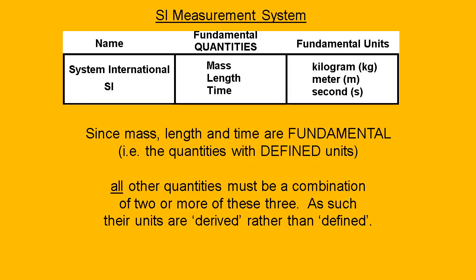As such, their units are derived rather than defined, because everything comes from these three defined units. And the reason it is two or more is because if it were one, it would indeed be one of these three, mass, length, or time. They're the only ones with a single fundamental unit.